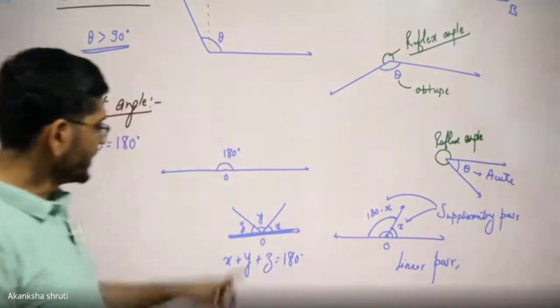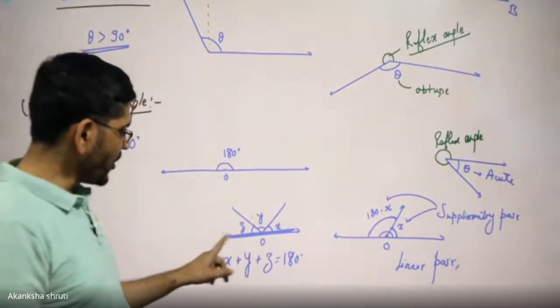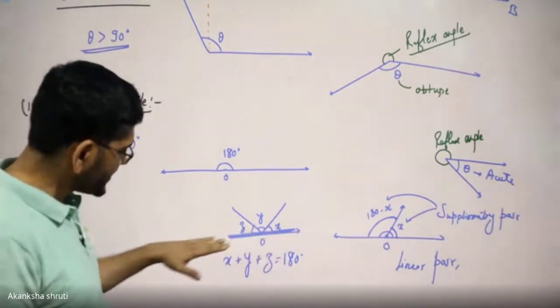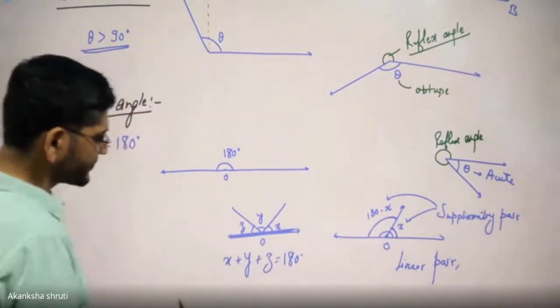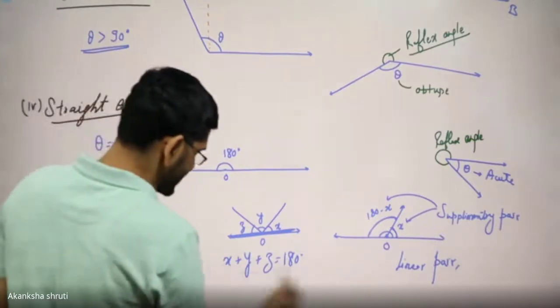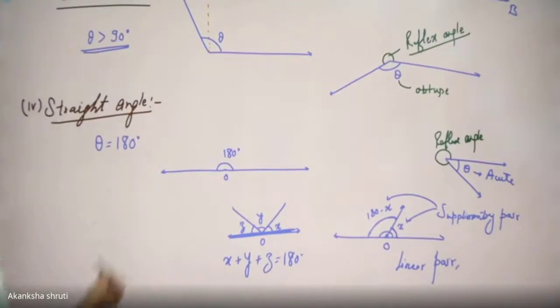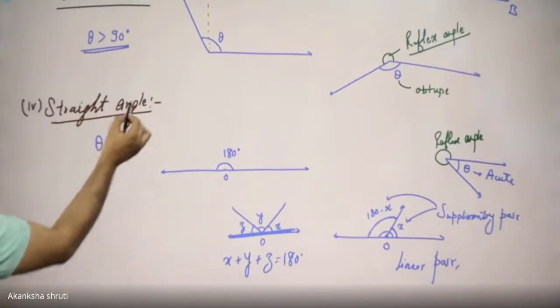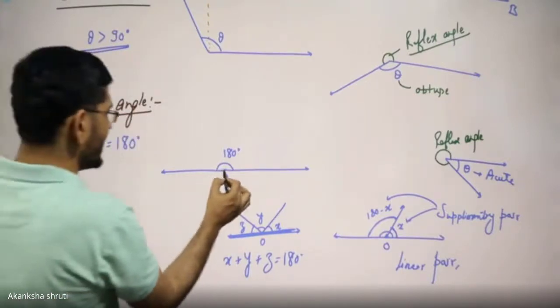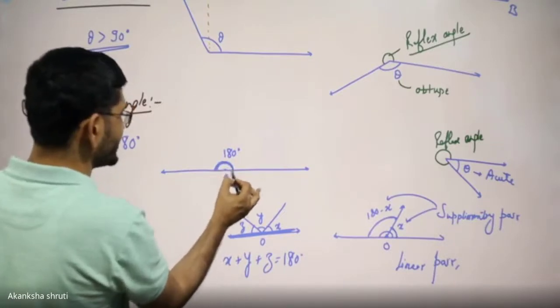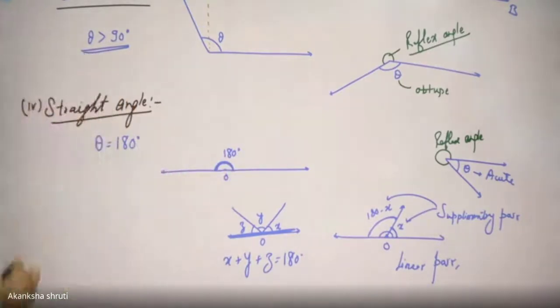Students, if more than two angles are formed together and they form a straight angle or a straight line, then their sum is 180 degrees. So just keep in mind, when we say straight angle, the angle formed at a point is 180 degrees.